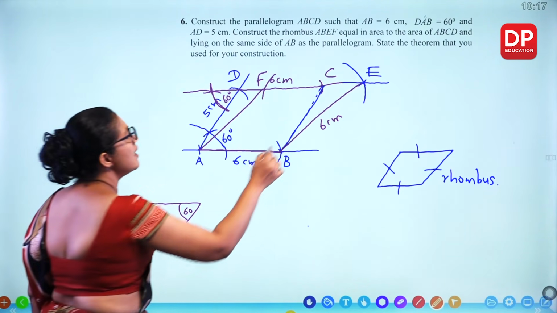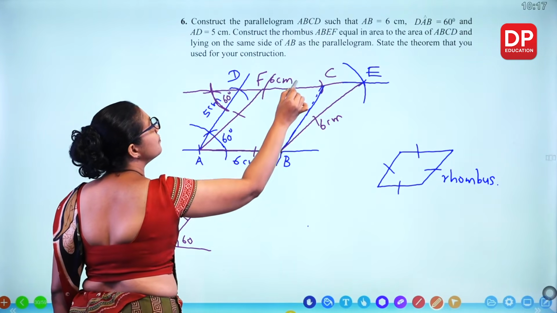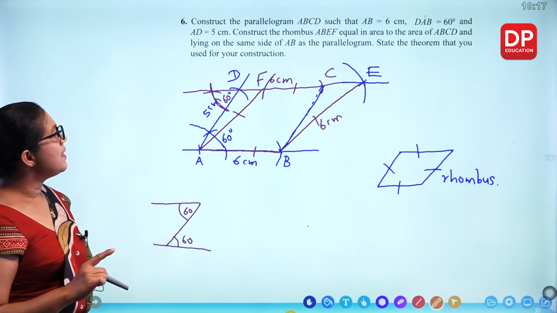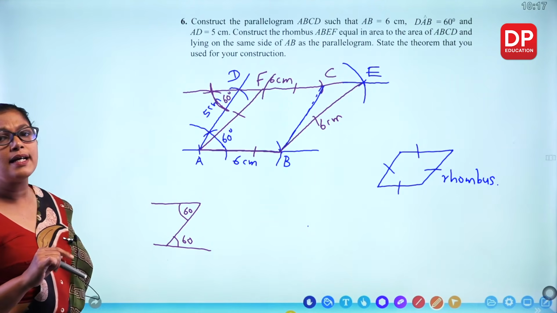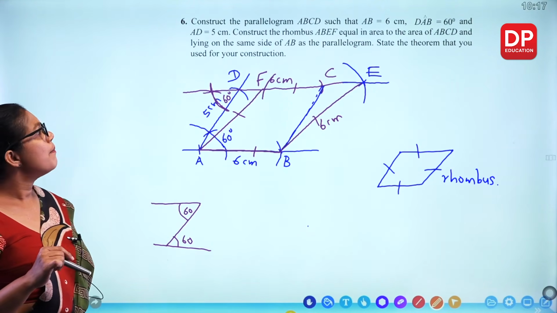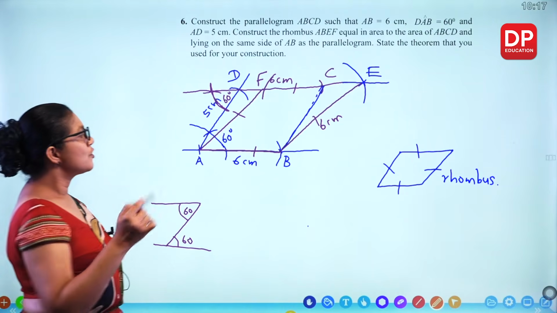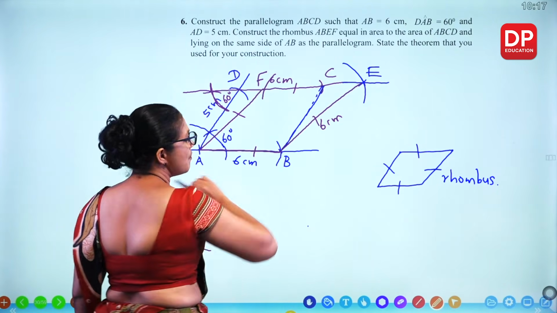All sides are equal, and ABCD is the parallelogram. So what's the theorem we used?